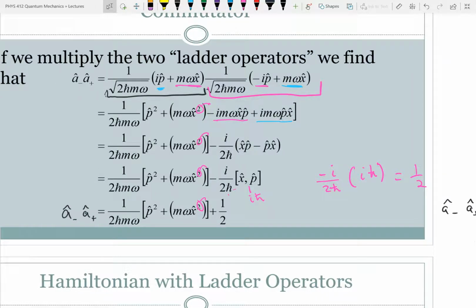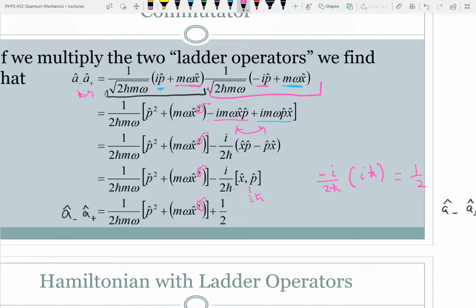I'm simply going to point out that if I change the order of these two, it would have changed the signs of those two. I would have had the negative IP in the first one and the positive IP in the second.